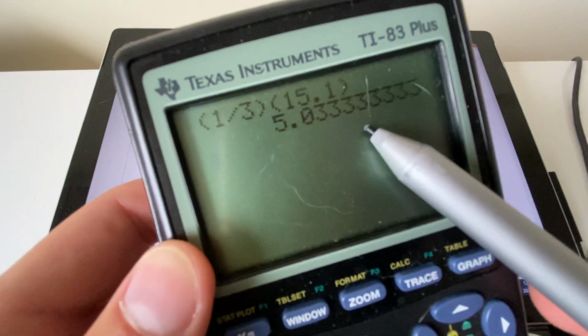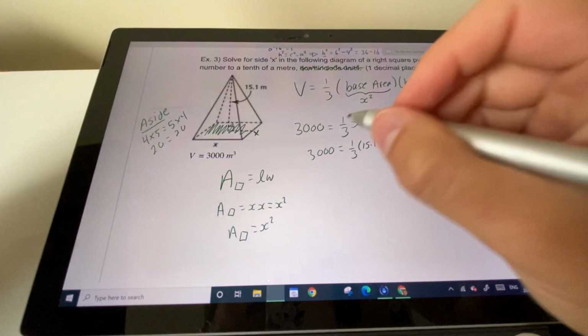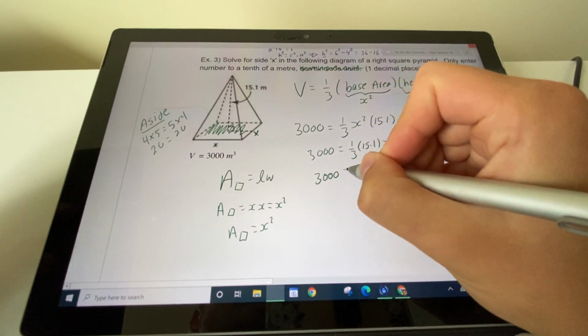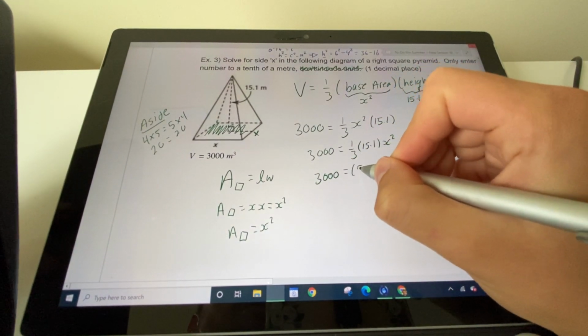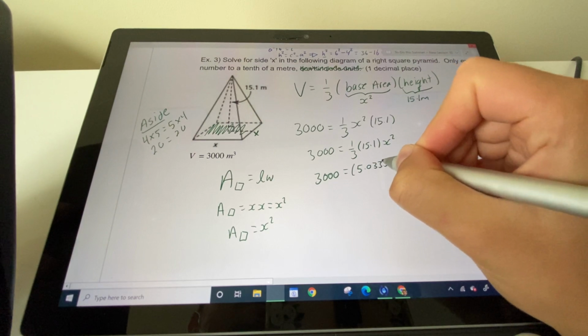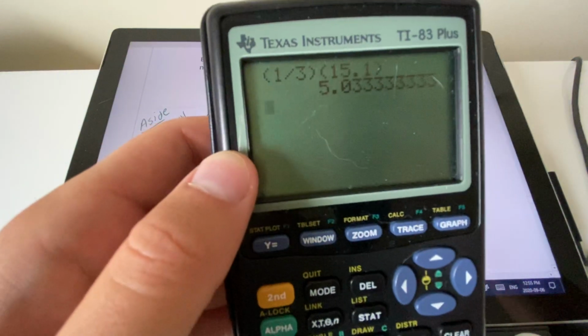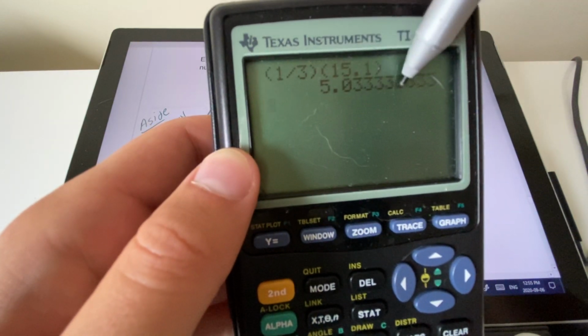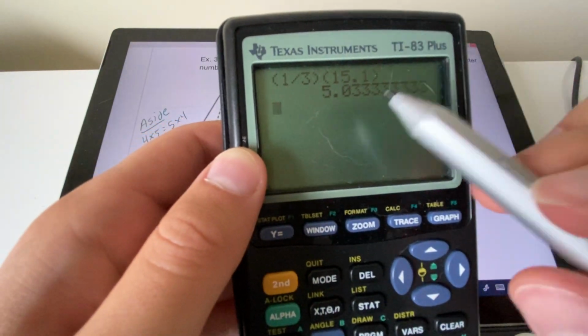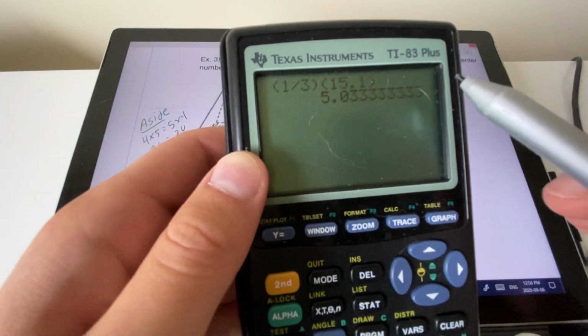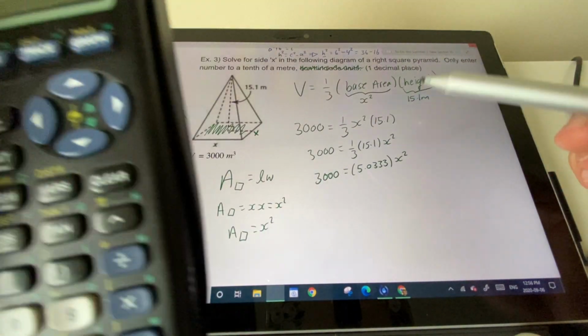I'm just going to put it to 3 3s there. So 3,000 equals 5.0333 x squared. If it looks like this, you want to carry along quite a few decimals. Don't round it to 5 here because you're still working and trying to find the final solution.